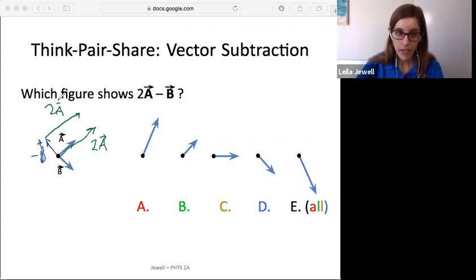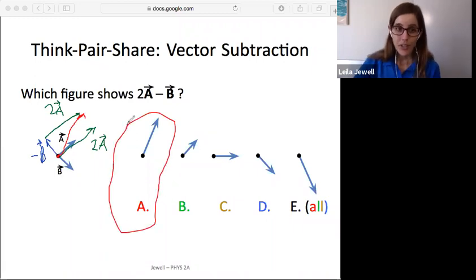It is still the same. I haven't actually changed anything. I've just shifted it over. That's not changing anything. And now I can draw my resultant from the original starting point to that final finish. And this one looks the most like A.